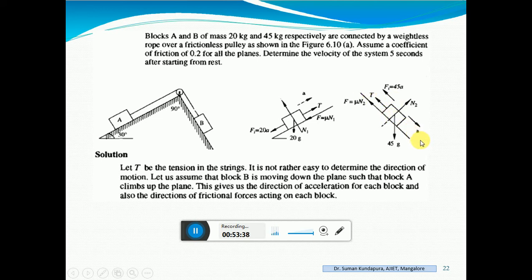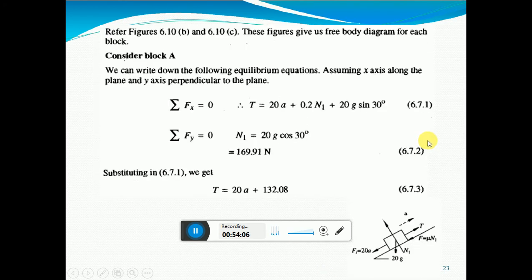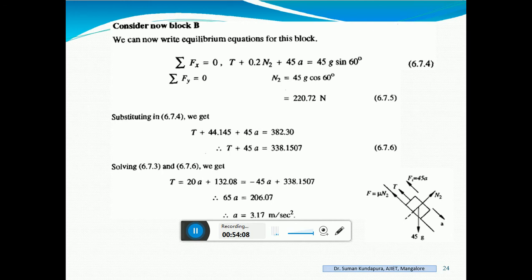If I assume this as the positive x-axis, then it is minus T minus F1 minus F2 plus 45 G sin 60 degrees. This 45 G is making an angle of 60 degrees with respect to this, so along the x-axis it will be plus 45 G sin 60 degrees.